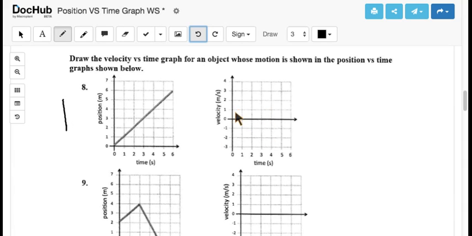So when we graph that over here, we need it to stay at a constant speed of 1 meter per second. So we're going to start here, and we're going to follow this line across for 6 seconds, because it travels at 1 meter per second for 6 seconds. So the same information on 2 different graphs, and it looks different.